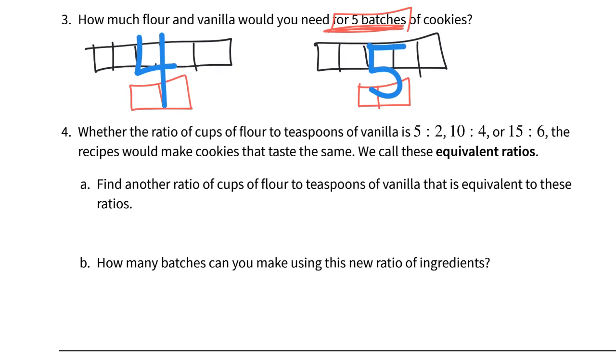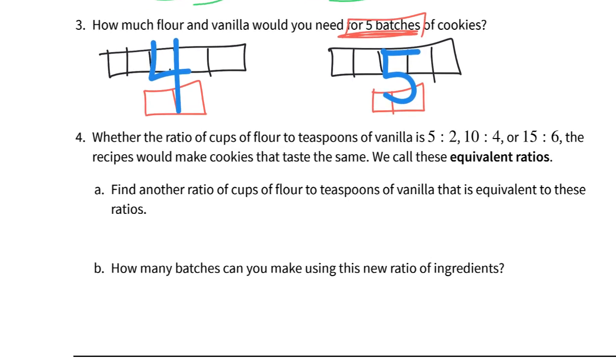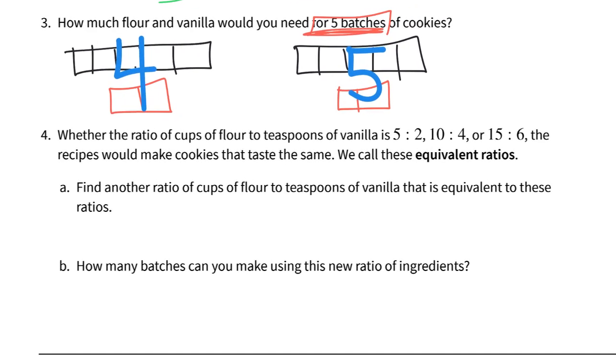And then the fourth question is whether the ratio of cups of flour to teaspoon is 5 to 2. Let's see, 5 to 2, to 10 to 4, 15 to 6. The recipes would make cookies that taste the same because they're equivalent ratios. Find another ratio of cups of flour to teaspoons of vanilla that is equivalent to these ratios.